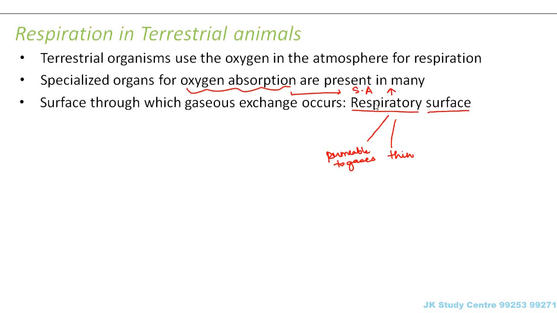So even though this organ is present inside the body, a way should be made so that it is in contact with the external air. You will understand how that is done when we talk about the respiratory system in human beings. Therefore, a tube system is implemented to carry the air from the atmosphere to that particular organ.